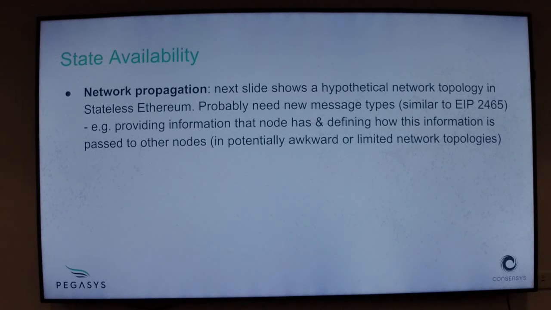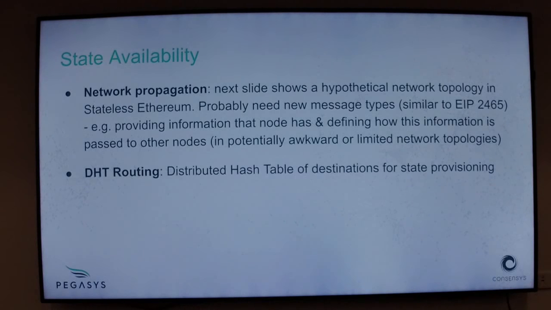So the next slide is one that Griffin did of a hypothetical network topology. I'm not sure that is that realistic. Anyway, I'll explain why not. Probably need a new message type, and there's an EIP there, I think it's E66, providing information that the node has, and defining how this information is going to be passed to other nodes in potentially awkward or limited network technology.